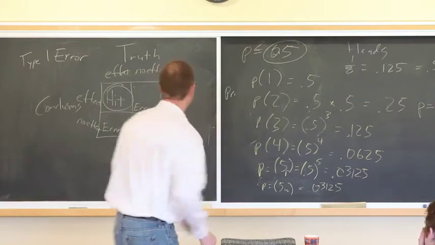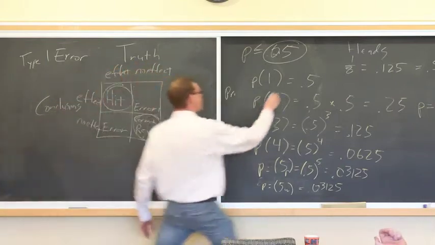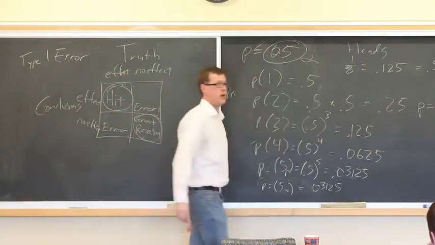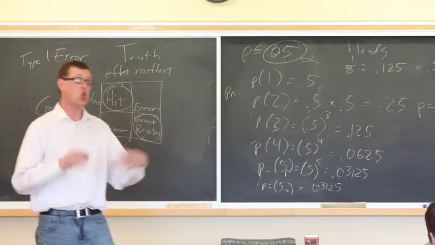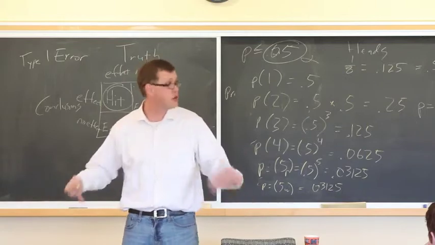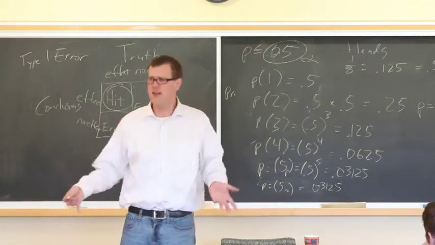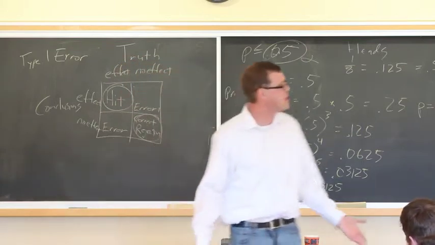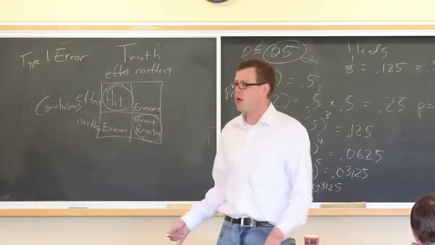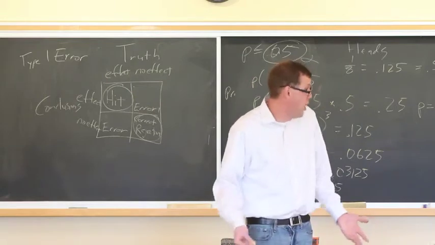So the person running the test decides what they want alpha to be. Alpha is the probability at which we're going to say, look, it's unlikely that it's just due to chance. And alpha is sort of arbitrary. Why pick 0.05? That's 1 out of 20. We could have picked 0.01, which would be 1 out of 100.